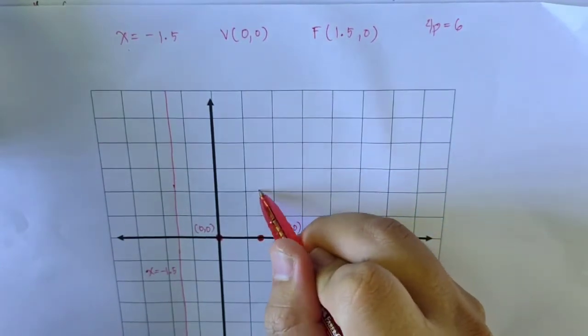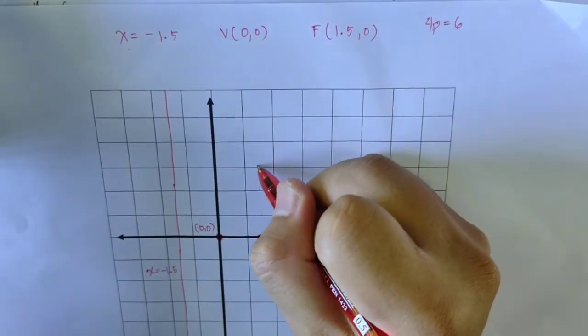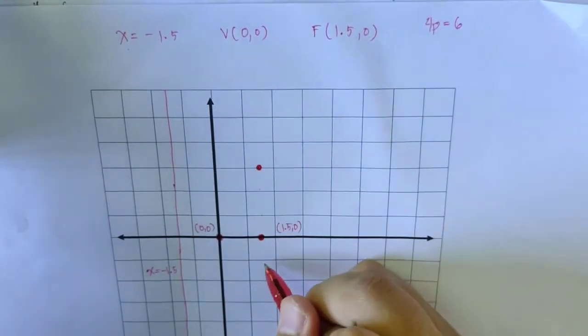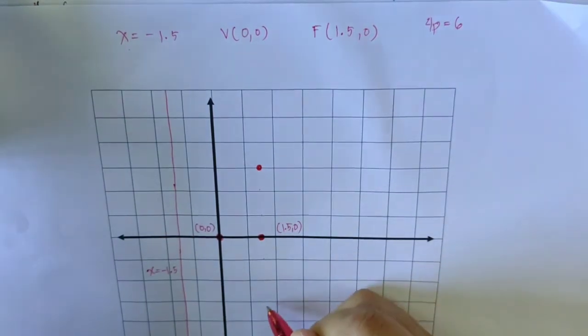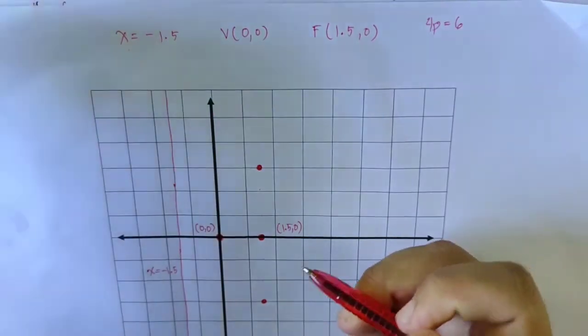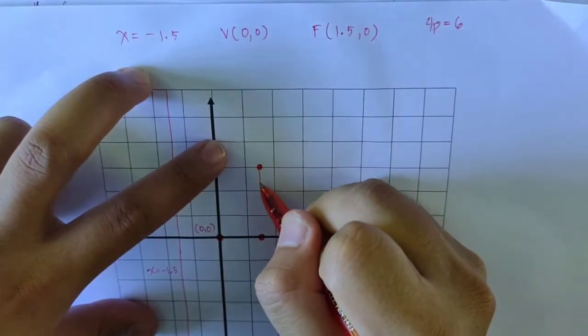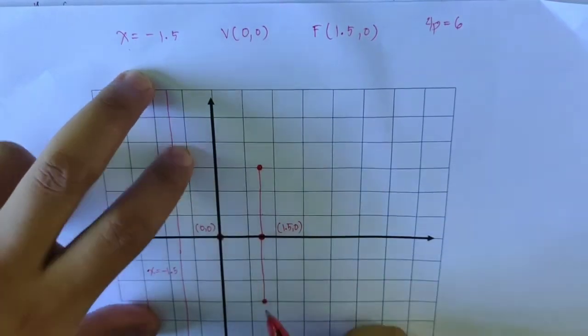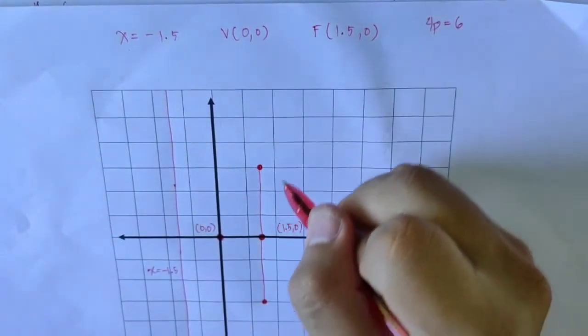So 1, 2, 3. Andito yung isang end ng latus rectum. And 1, 2, 3. Ito pa yung another end ng latus rectum. So, connect natin itong tatlong dots. So, anong point to?